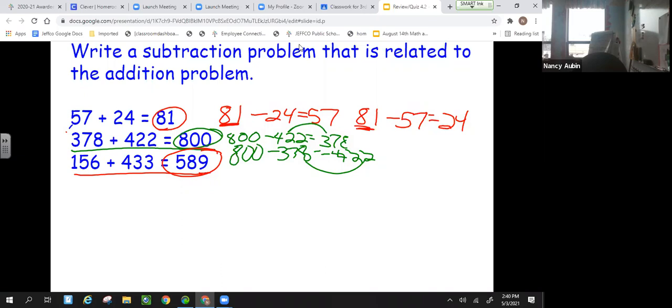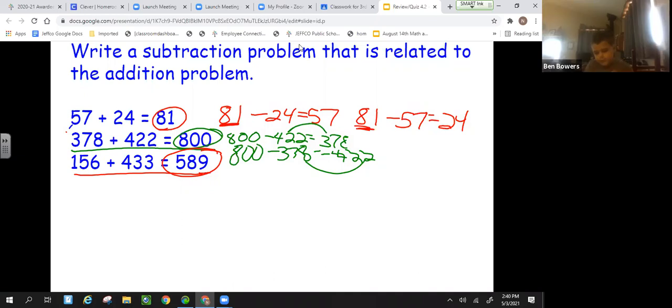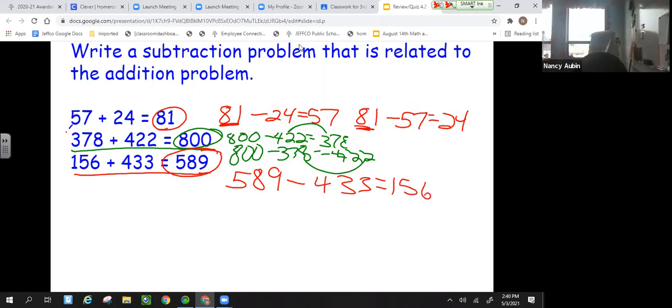Okay, so my first equation is 589 minus 433 equals 156. Okay, what's the next one?